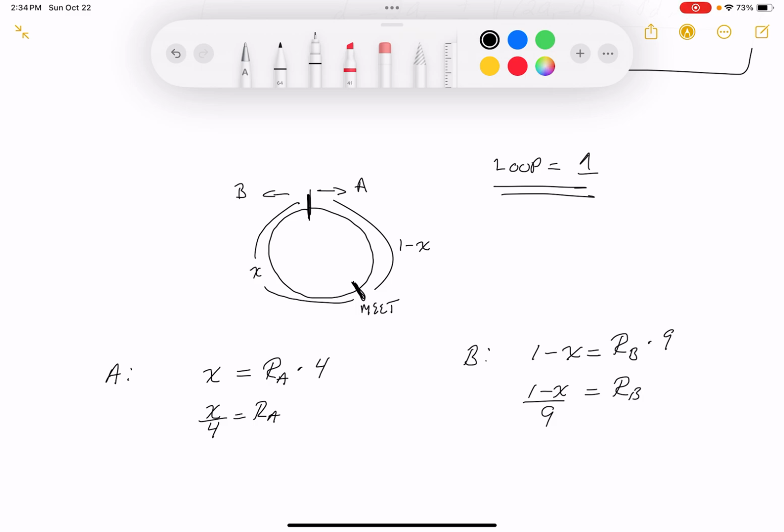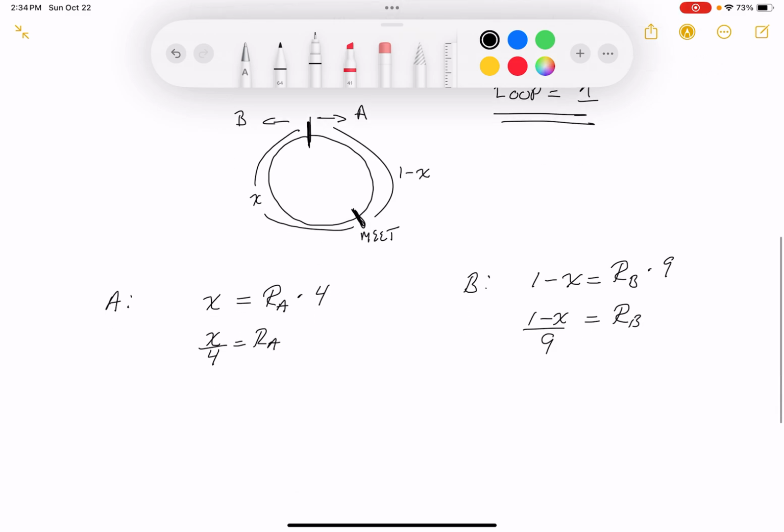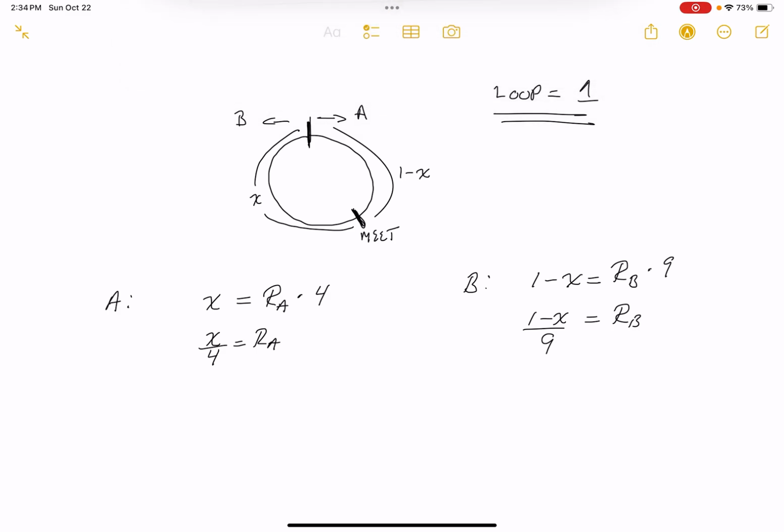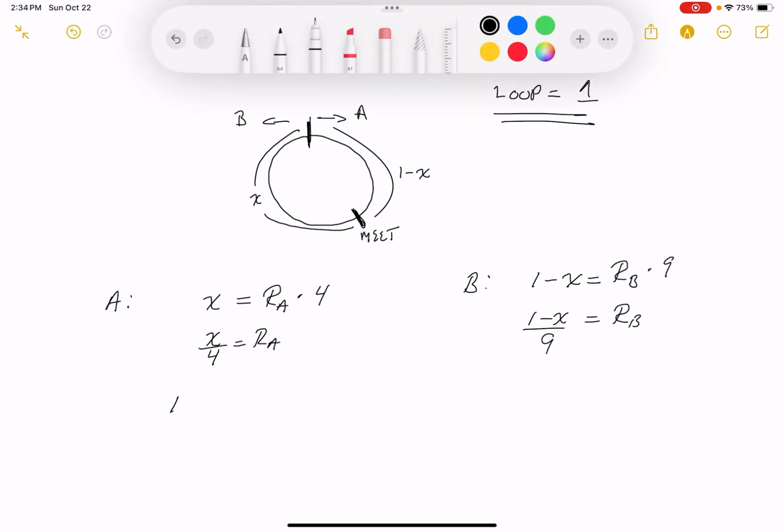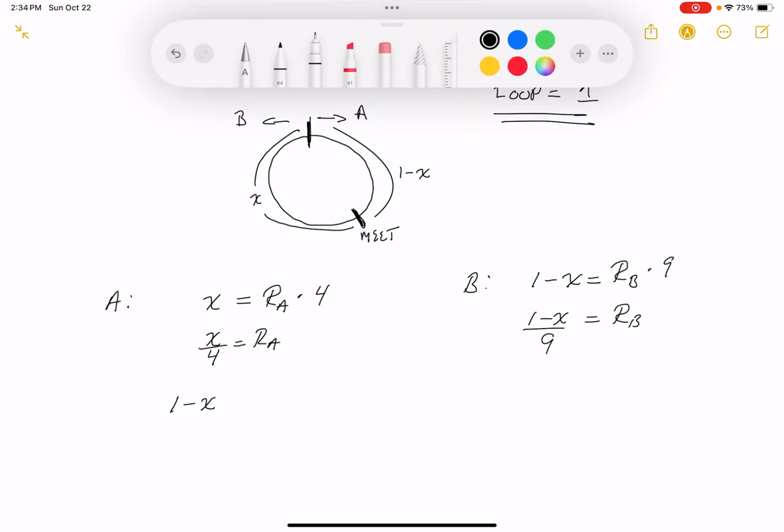And let me take a look at what I could do now. I guess I should write this down. Something about time, right? So I'm going to write down that A covers 1 minus x at his rate, which is x over 4, times time.